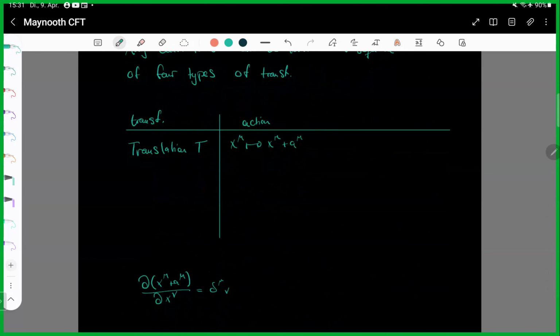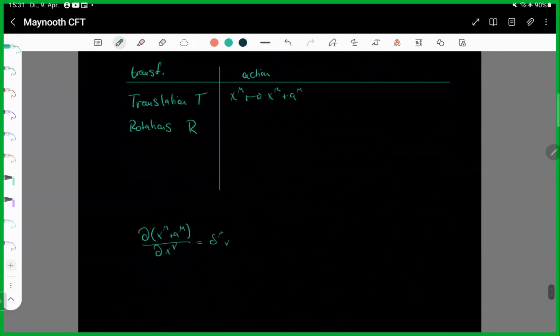Let's keep going. Another thing that we have are rotations, including boosts. These are expressions of the type r mu nu x nu. So these are rotations by a matrix. I'm going to make another column here to indicate how this is supposed to be read.